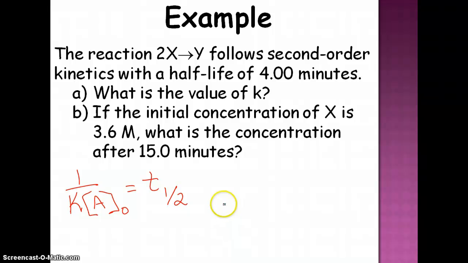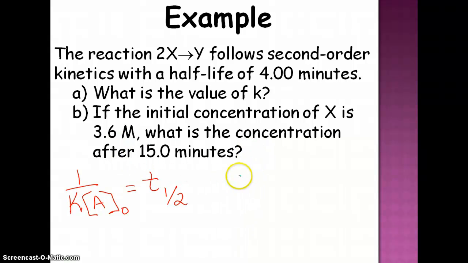We have our half-life, which is 4 minutes, and it wants to know the value of K. We also have this AO to deal with. AO is the initial concentration, which is 3.6 molar.